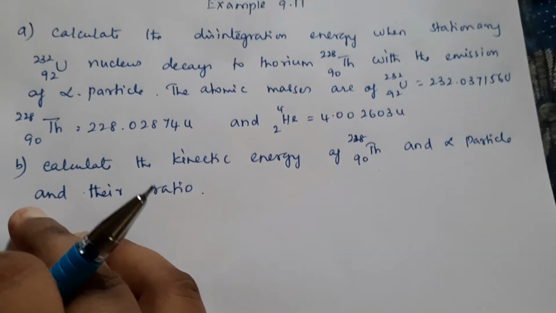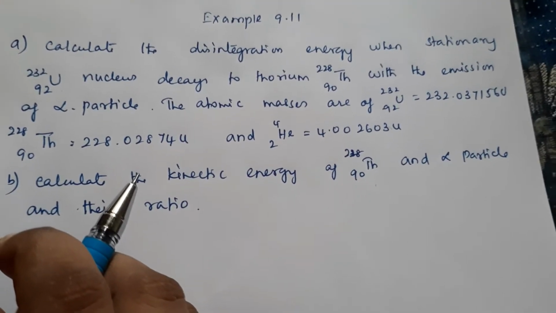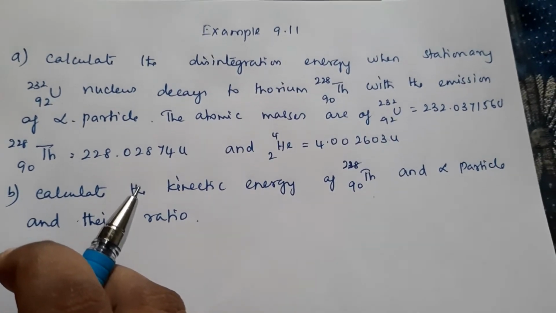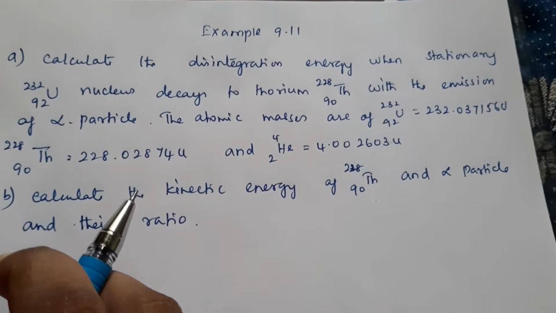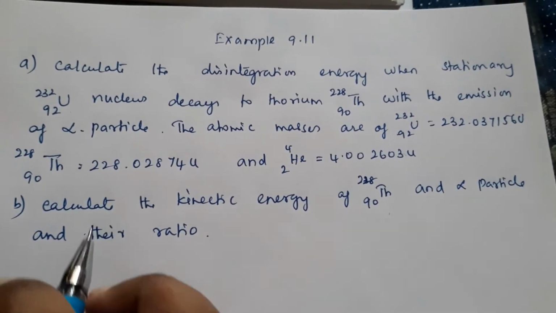Okay. Now what is given in the problem is that the uranium nucleus disintegrates to thorium and an alpha particle. That is, the uranium nucleus is undergoing alpha decay.